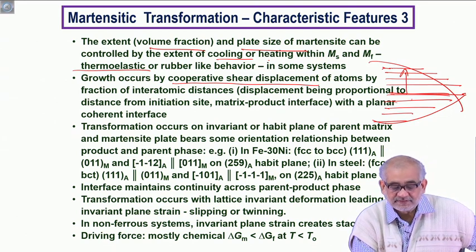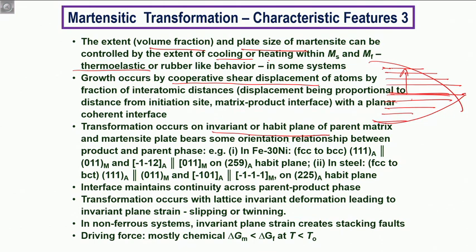Now, when the transformation takes place, one can define a certain reference plane called the invariant or habit plane, where Martensite usually nucleates. If you compare with plastic deformation, we always say that dislocations find it easy to move in slip systems comprising closely packed and widely spaced planes.